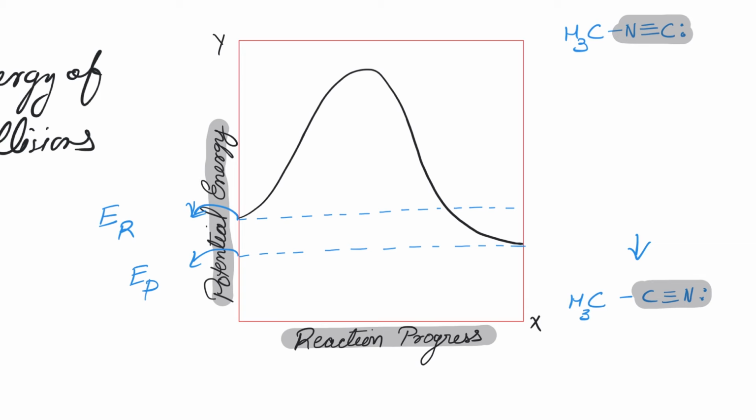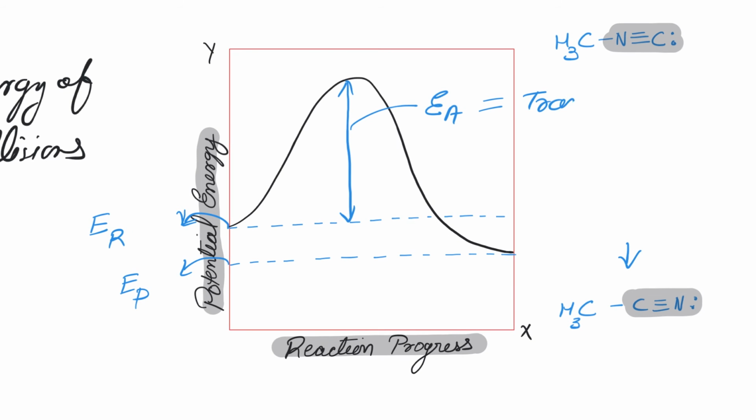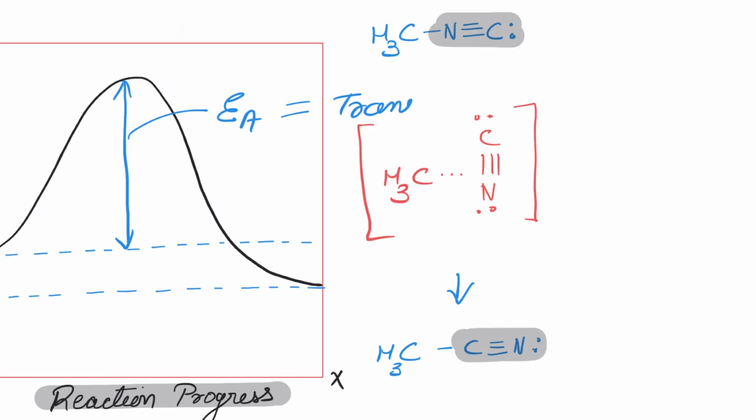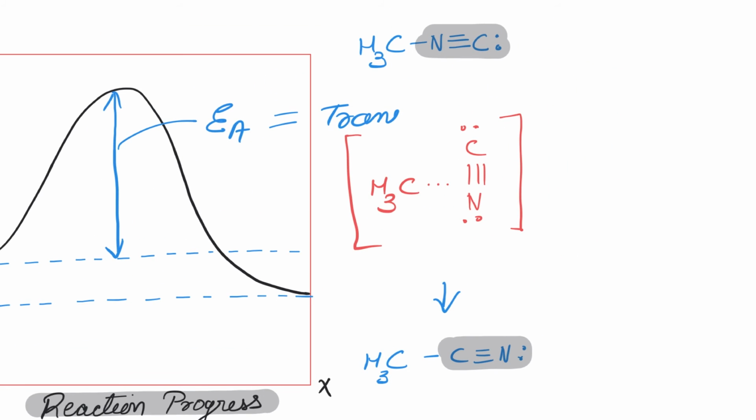The minimum energy that is required to do that is called the activation energy, which is nothing but the difference of the energy of the reactants and the energy of that final state, that's called a transition state, over which the reaction can occur. So in this particular example, we can see that the CN bond has just been twisted enough by the collision so that it can finally be inverted over and we can have CH3CN instead, right?